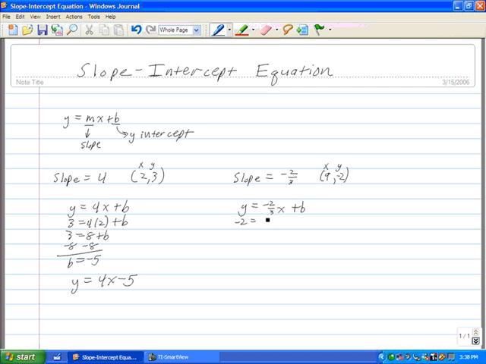We'll put those numbers in place. We will multiply, and -2/3 times 9 is -6. And we're going to add 6 to both sides. We find b to be 4. So the equation that fits this is y equals -2/3 x plus 4.